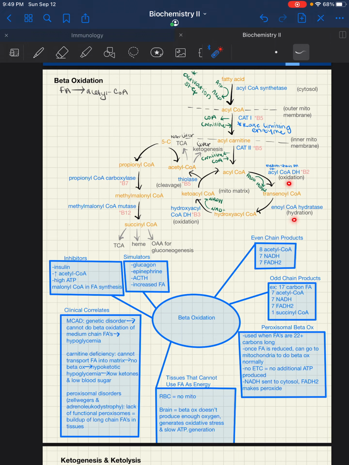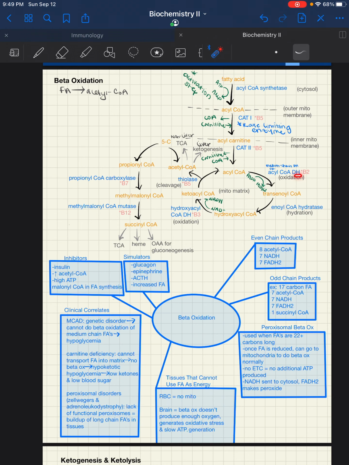I remember these 4 reactions by a mnemonic OHOC because this is an oxidation reaction, a hydration reaction, another oxidation reaction, and a cleavage reaction. And I also remember the cofactors for these enzymes.